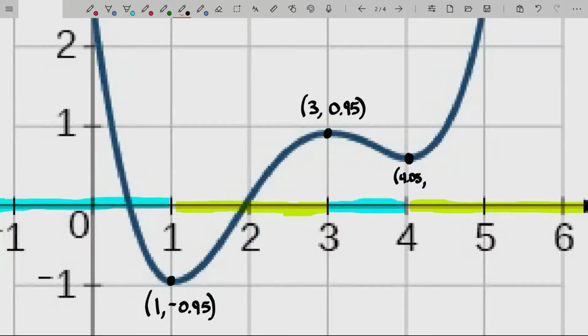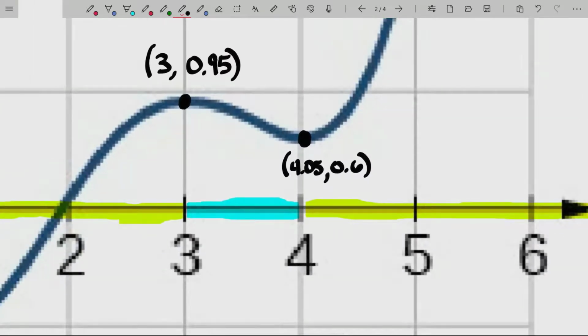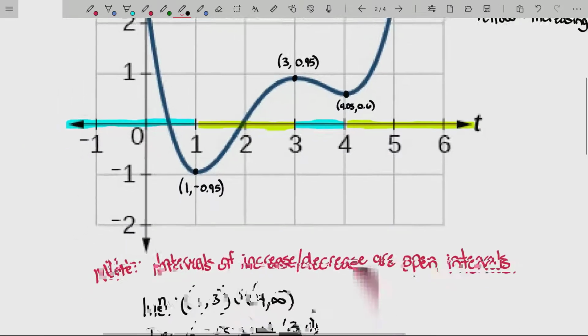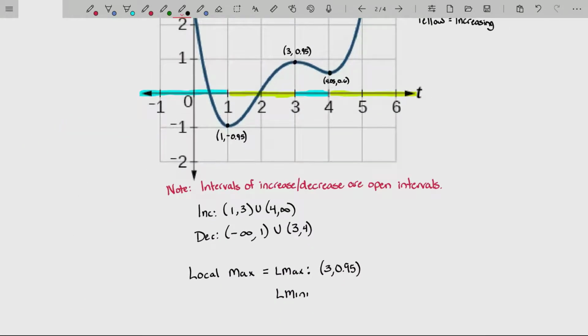Notice how I'm trying not to be too far off from what the value is. So I don't want to make a wild guess and say it's 0.5. I think it's slightly higher than that. So (4.05, 0.6). Those are my two local minimums: (1, -0.95) for symmetry there, and (4.05, 0.6).